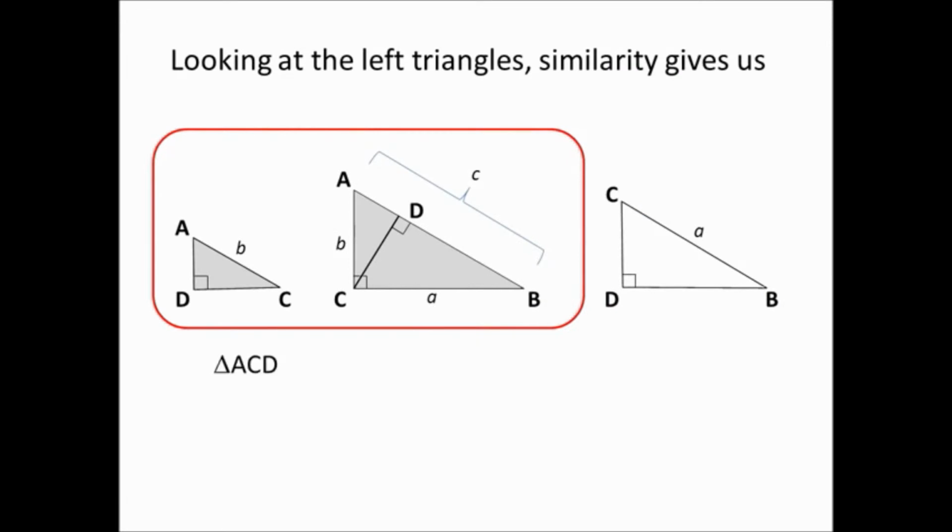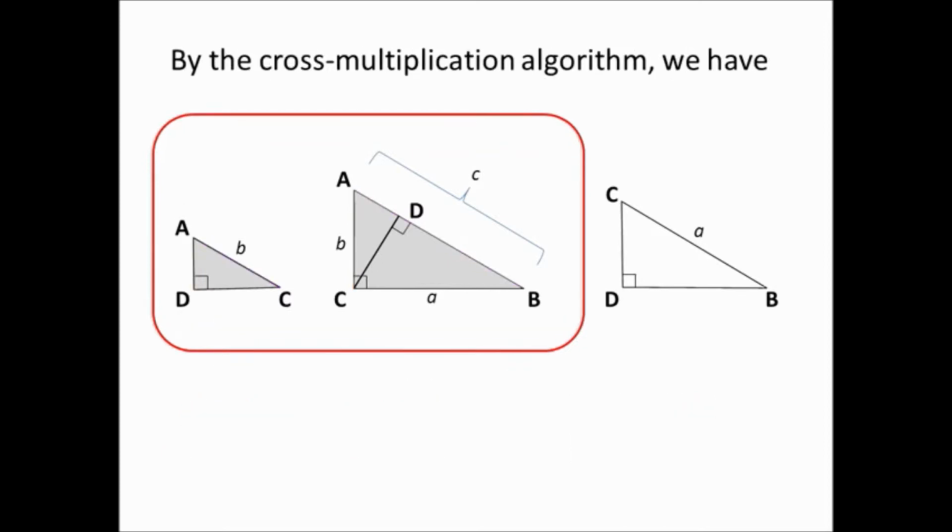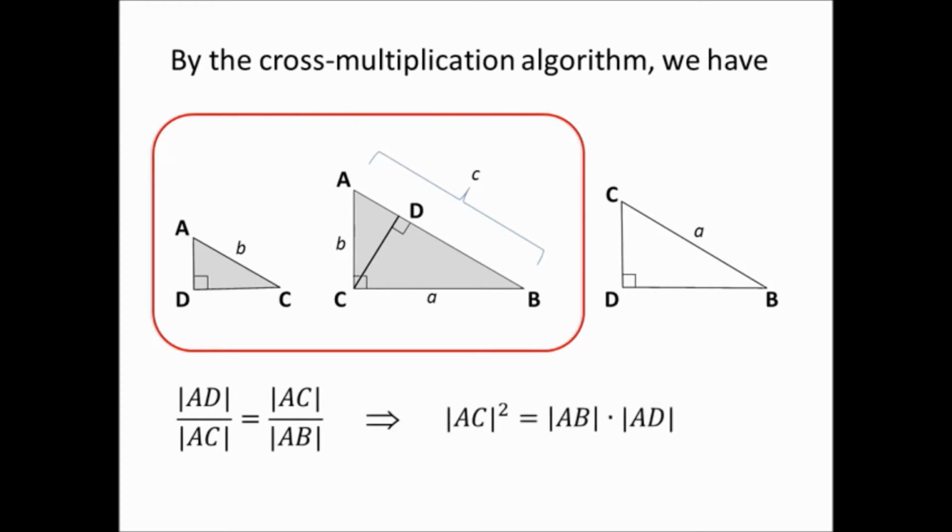Looking at the left triangle's similarity gives us, by the cross multiplication algorithm, AD over AC equals AC over AB.